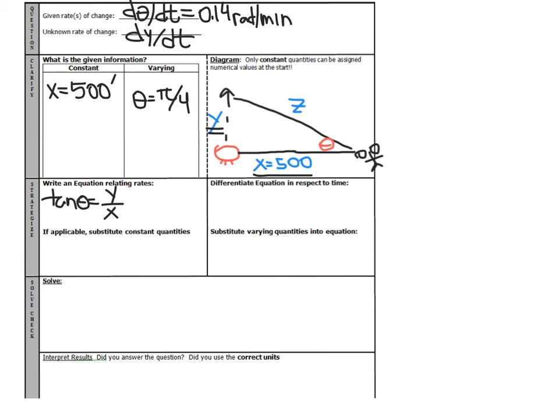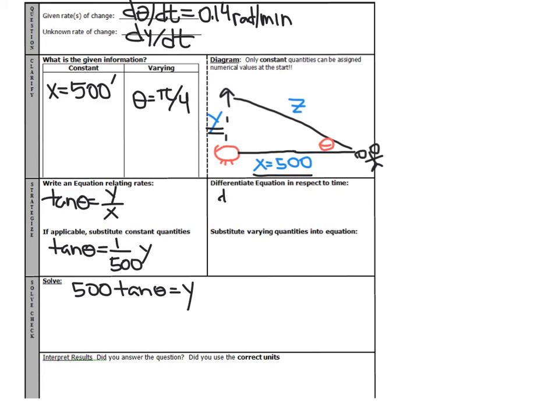And x is a constant, so we have tangent of theta is equal to 1 over 500 times y. Now I just wrote it like that so it's easier sometimes to take the derivative. Or you could even go 500 tangent theta is equal to y. So now we're going to take the derivative of y with respect to time.